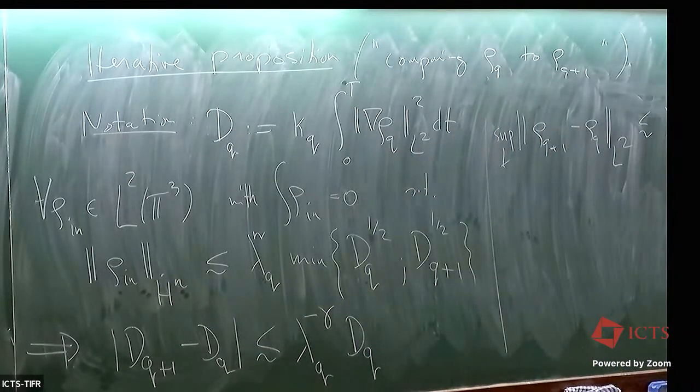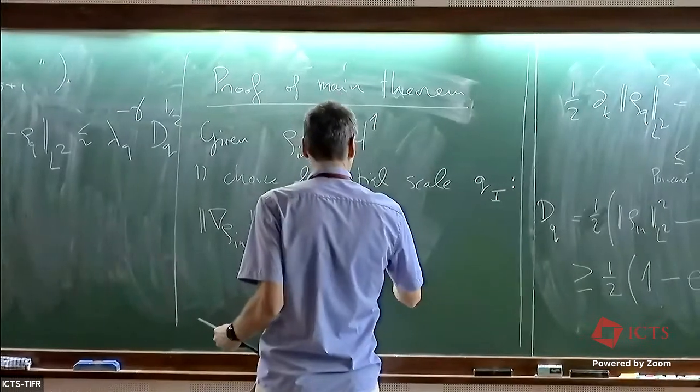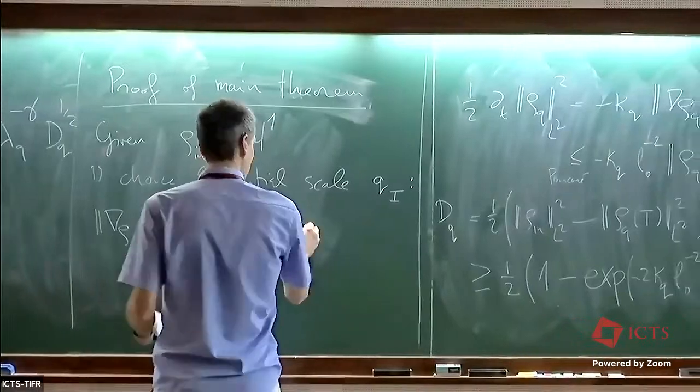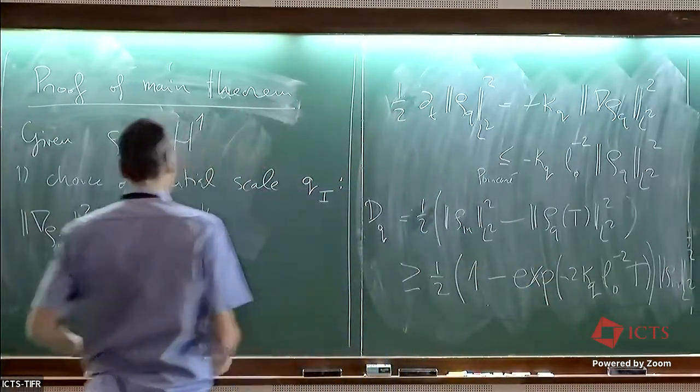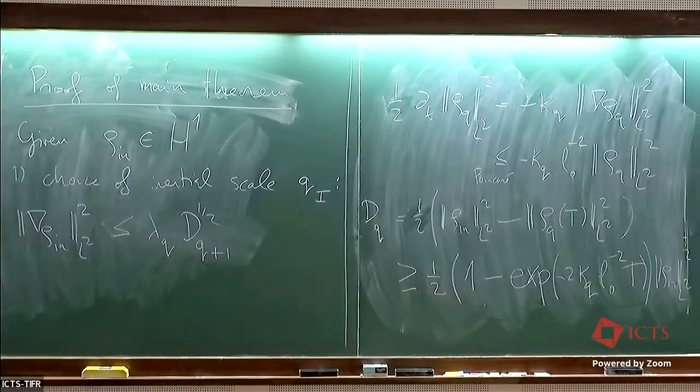Okay, so the choice of the inertial cell Qi will be such that the gradient of the initial data in L2 is less than or equal to lambda Q times, well, let's put Q plus 1 because it's smaller. I just put smaller Q plus 1. Kappa Q plus 1 is smaller than kappa Q.